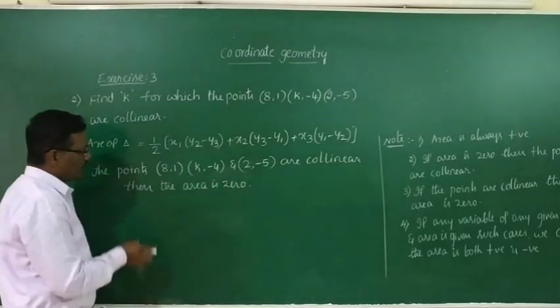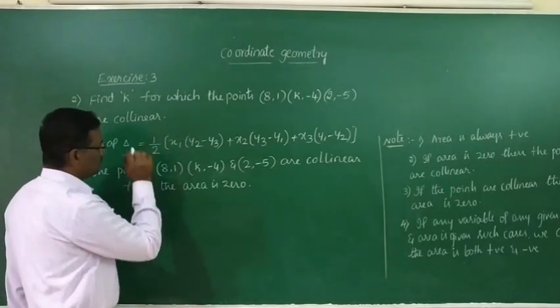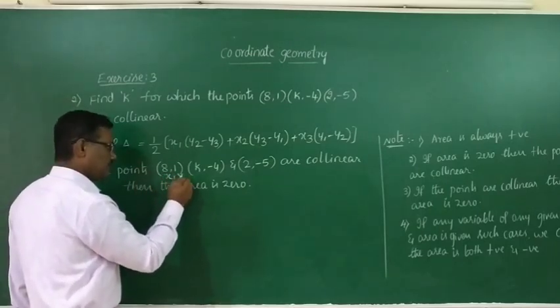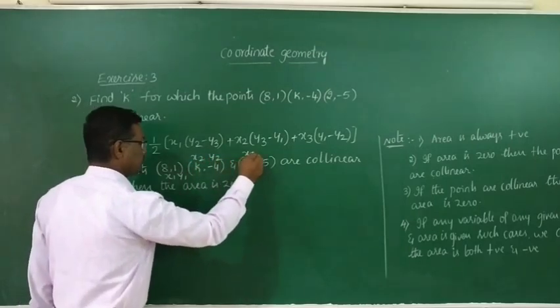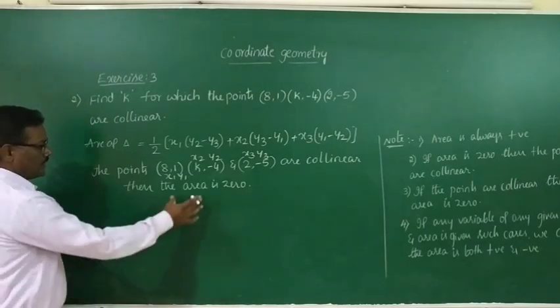So we have to apply this condition for solving the problem here. 8, 1 are x1, y1, here x2, y2, and x3, y3. These are the 3 points we have. And area is 0.